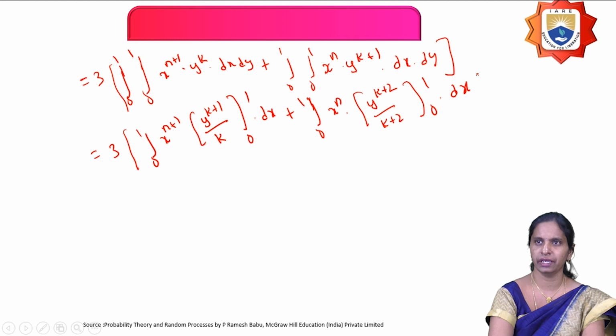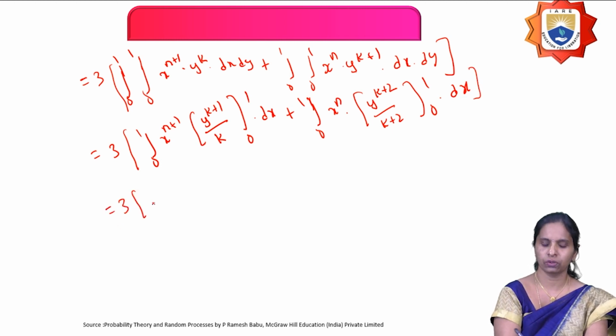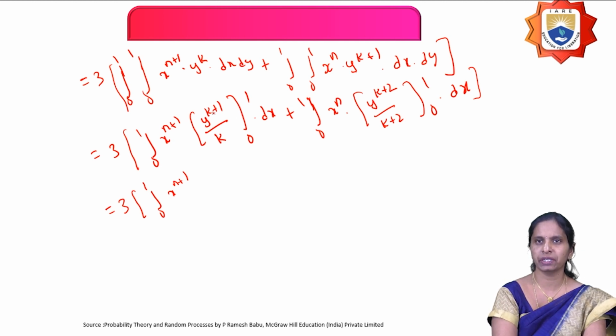So that equals 3 into integration 0 to 1 of x power n plus 1 into, substituting the limit in place of y, 1 power k plus 1, which is 1, so 1 by k plus 1; and if y equals 0, 0 power k plus 1 is 0.